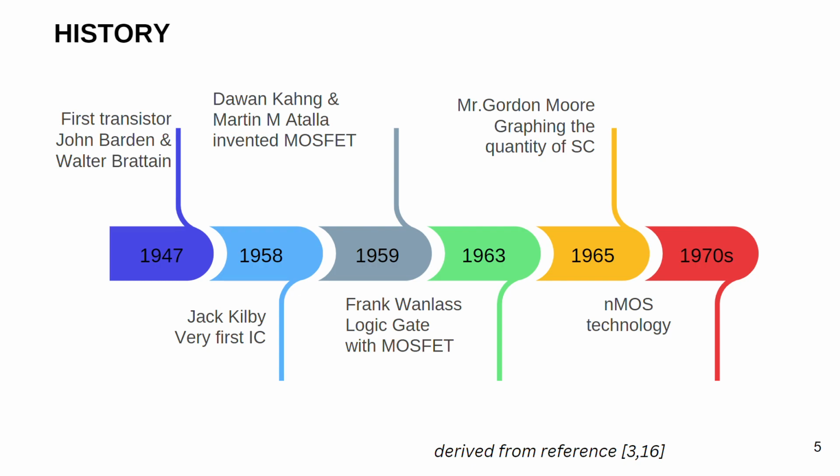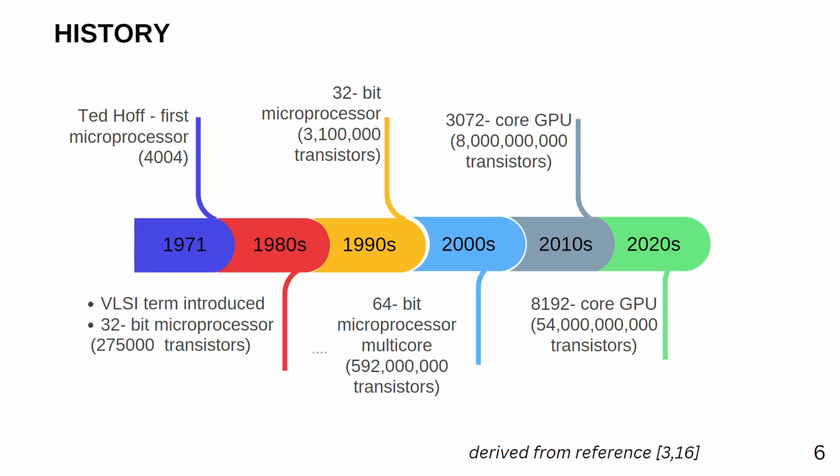And he developed Moore's law. And in the 1970s, NMOS technology came into the picture. And in 1971, the first microprocessor, the 4004, was developed by Ted Hoff.